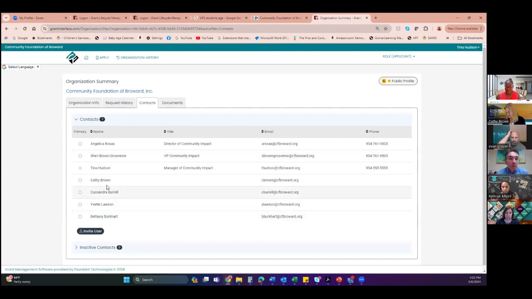Under contacts, they'll be able to invite you as someone a part of the organization. Okay, that way you will be able to see all of the applications that have been created and everything that is going on for that particular account. Again, you do not want to create a separate organization because it will only show you what you see if you've applied for us before.